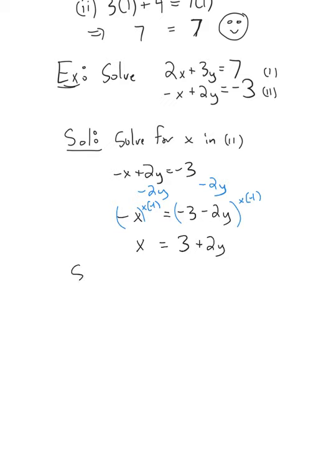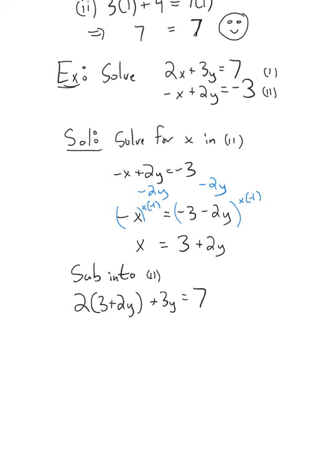So let's substitute this into the other equation, into 1. Okay. So we have 2 times x, and x in this case is 3 plus 2y, plus 3y equaling 7.